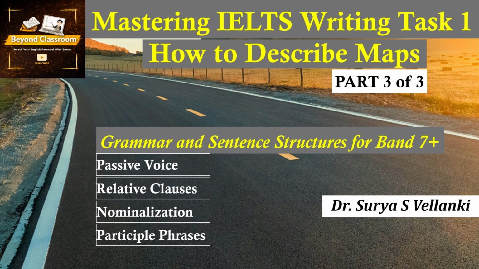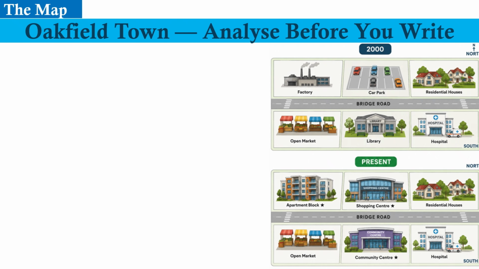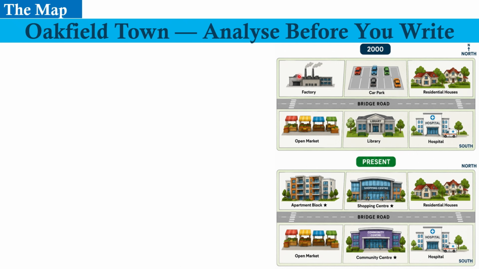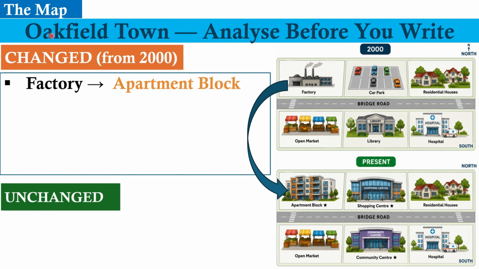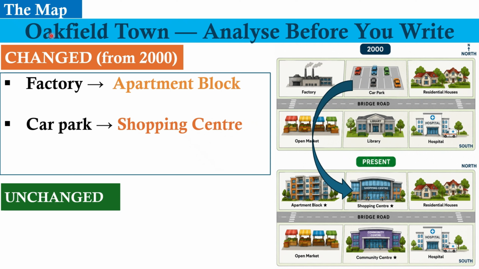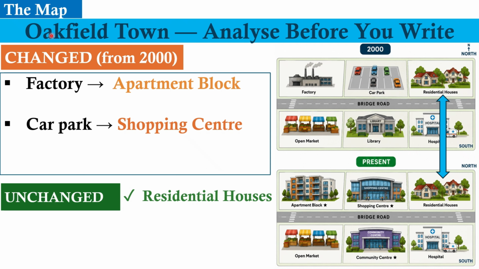Let's get started. First, let's have a look at the map. It shows the town of Oakfield in 2000 and in the present day, with Bridge Road running through the center. Let's do a quick analysis first. On the northern side, the factory was replaced by an apartment block, the car park became a shopping center, and the residential houses remained unchanged.